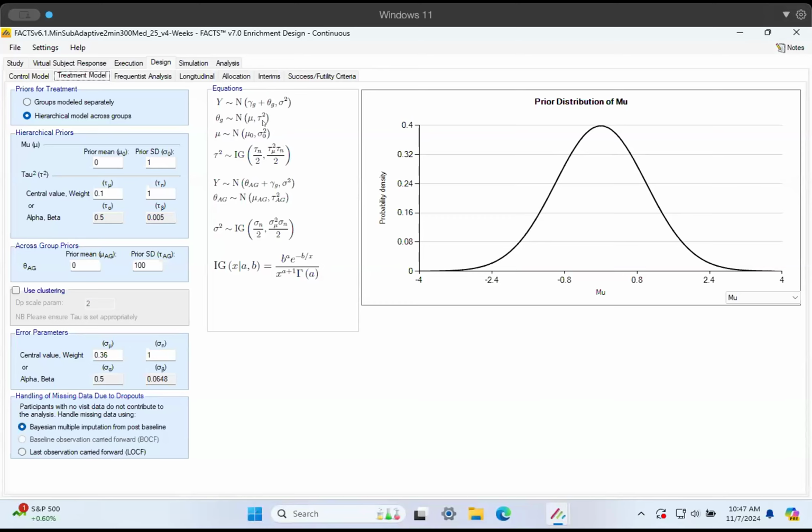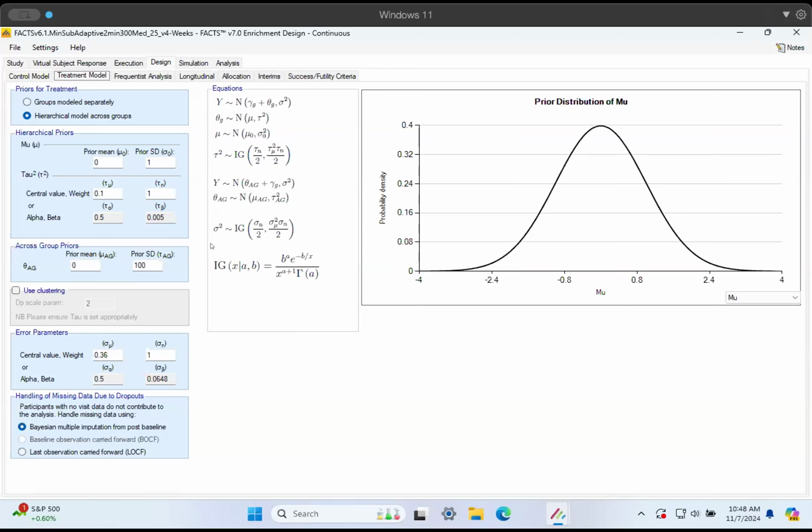The theta G's, again, have a hierarchical prior distribution on them. So tau squared is going to dictate the amount of borrowing that happens between the theta G's, the location treatment effects. And again, they ended up using the same prior on this tau in the treatment effect structure as they did on the other tau in the control group borrowing on the gamma. So that's a 0.1 and 1.